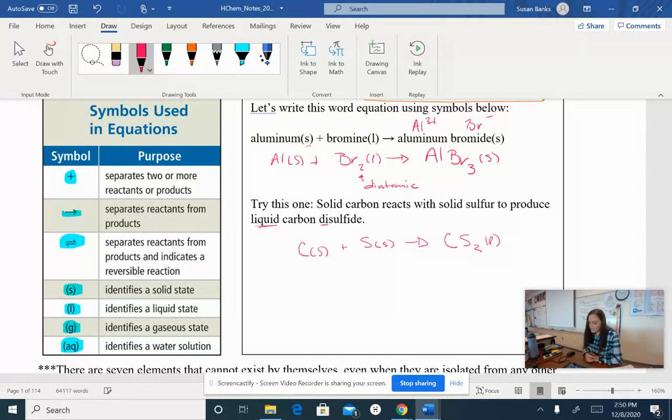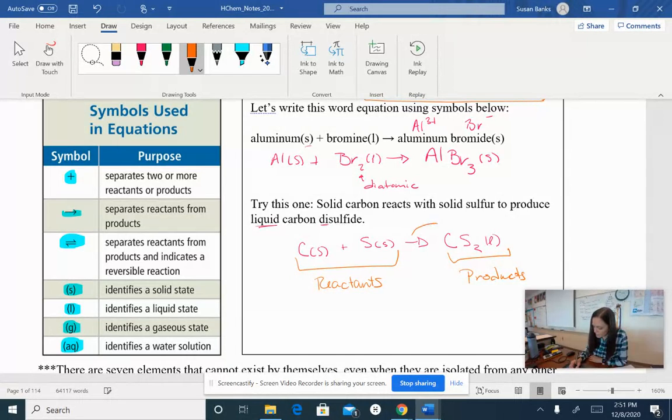Okay, so that's what we do to create reaction equations. Now, just to give you an idea, on the left-hand side, we have our reactants. On our right-hand side, we have our products.